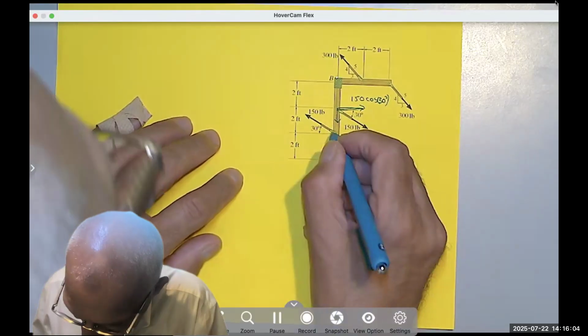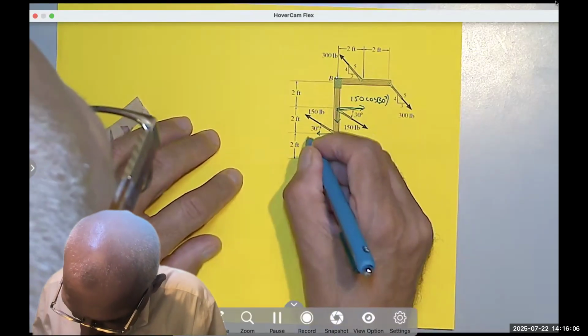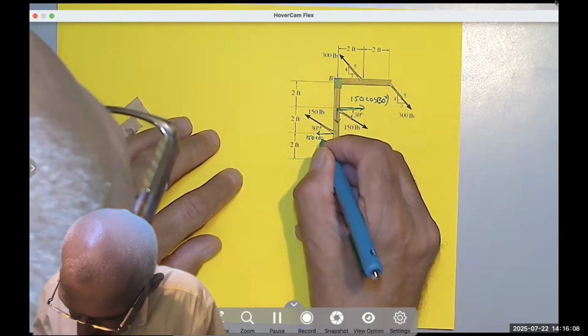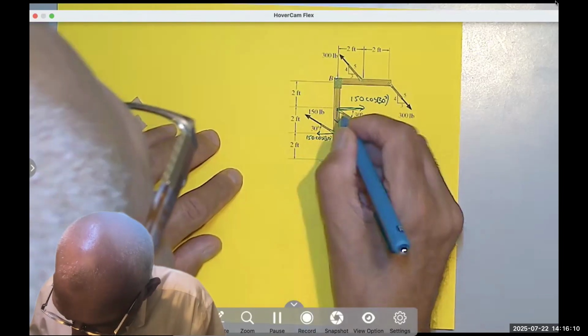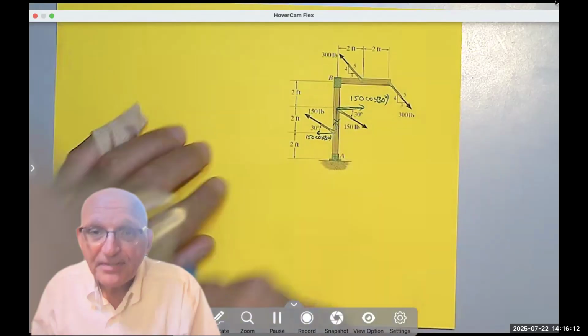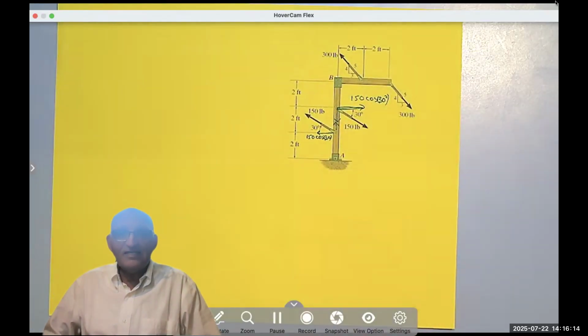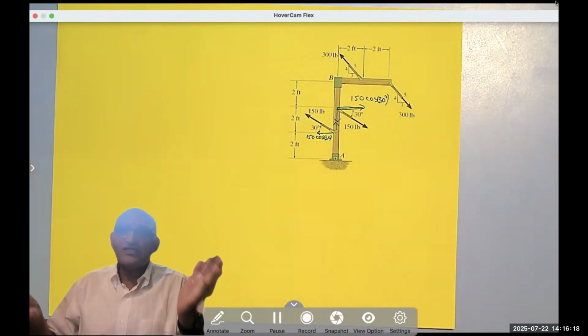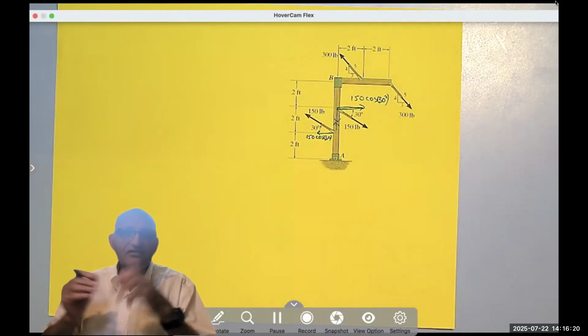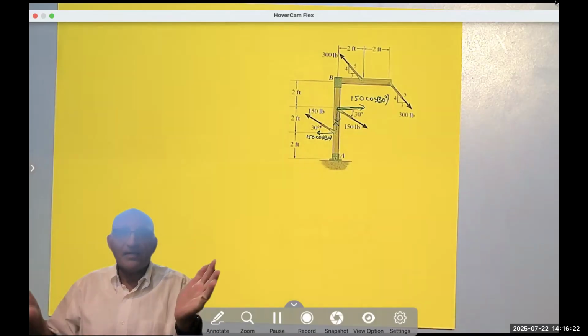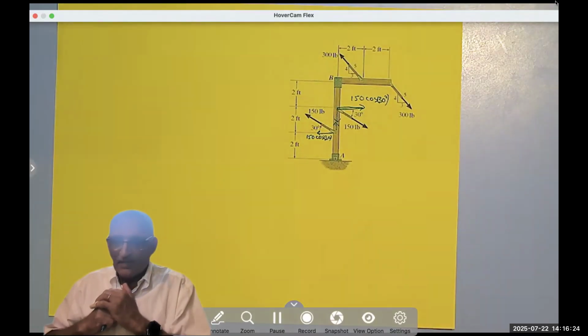For this guy, I have 150 cosine 30 to the left and 150 sine 30 up. But guess what? Do you see that these vertical forces cancel each other? So I don't even have to say 150 sine 30 or 75 pounds. It doesn't matter. They cancel each other.